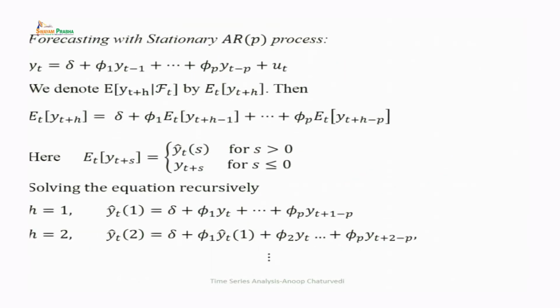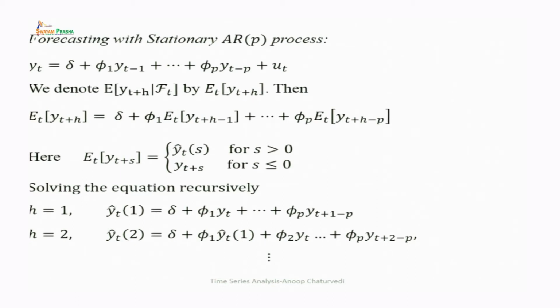So, we come to the stationary AR(p) process. Your process is this: y t equal to delta plus phi 1 y t minus 1 plus and so on plus phi p y t minus p plus u t. Then again we denote the expectation of y t plus h given the information up to time t, F t, by E t of y t plus h.